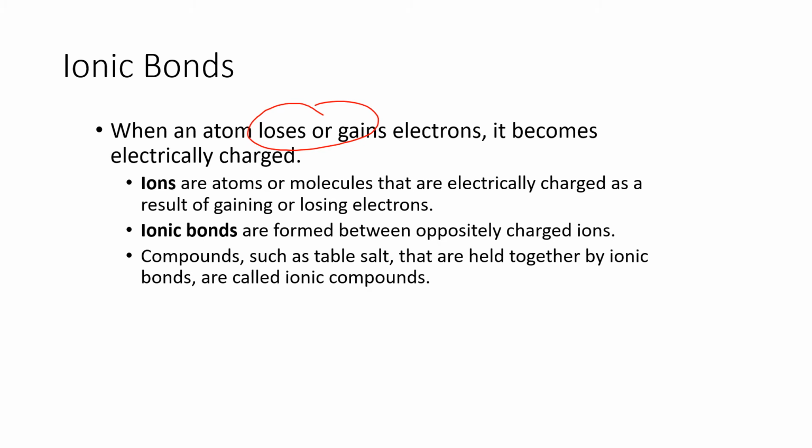The reason why it's called ionic is because when elements give up their electrons or accept electrons, we refer to them as ions. And ions, because they are either losing an electron or gaining an electron, will start carrying charges.